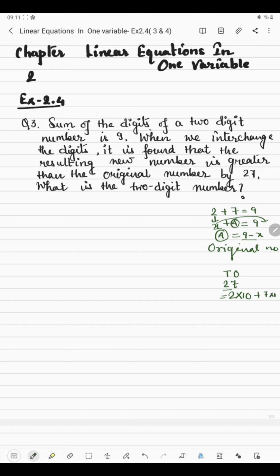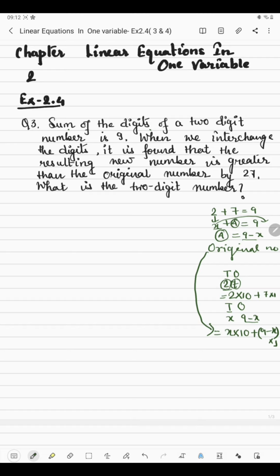Similarly, here we take x in the 10's place and 9 minus x in the 1's place. So the original number will be x into 10, plus 9 minus x multiplied by 1. So this is our original number.